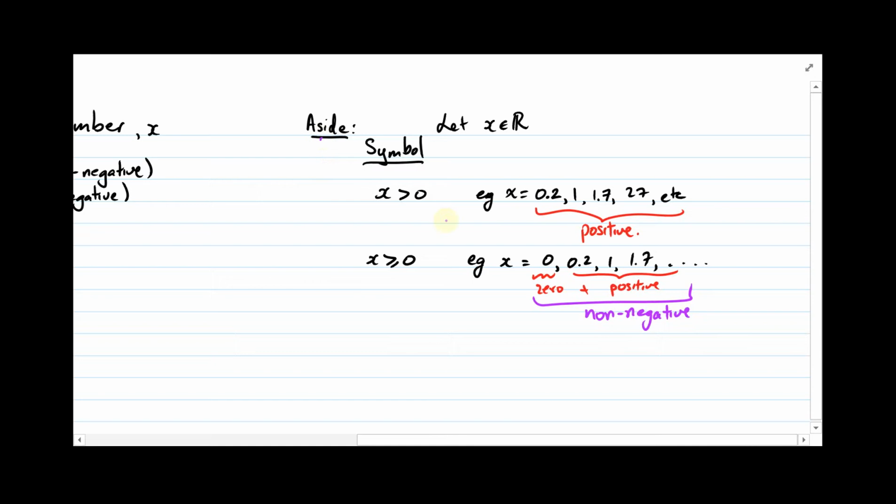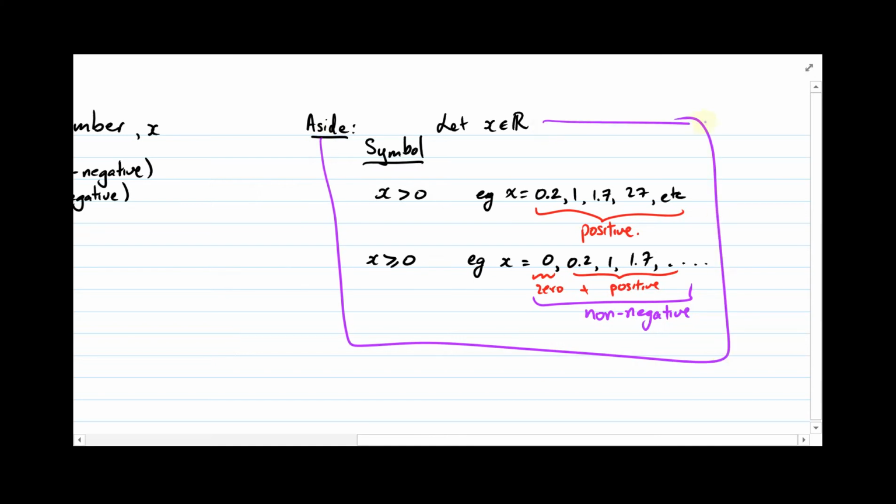The same thing applies if we were working with the less than 0 or less than or equal to symbol. If I wrote x is less than 0, you can hear me saying that this is just negative. But once I've included the 0, x is less than or equal to 0, then I will call this non-positive because the 0 is included.